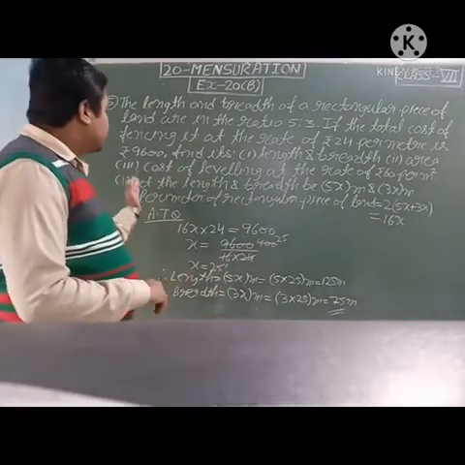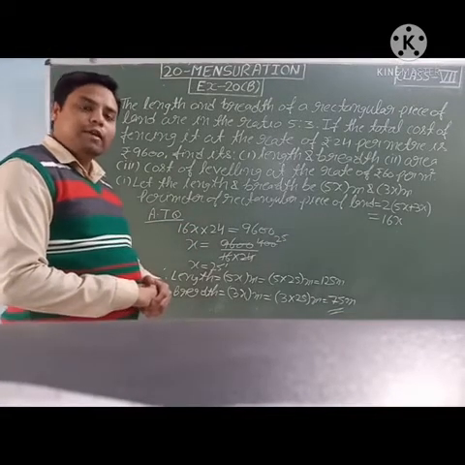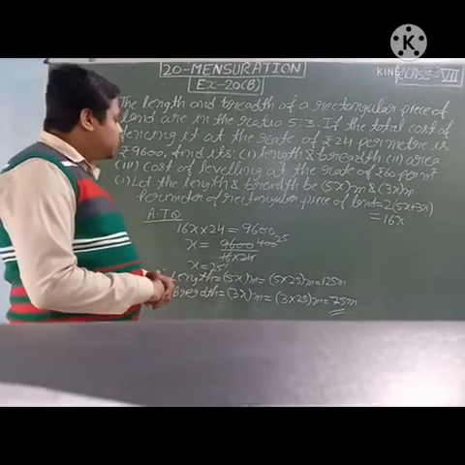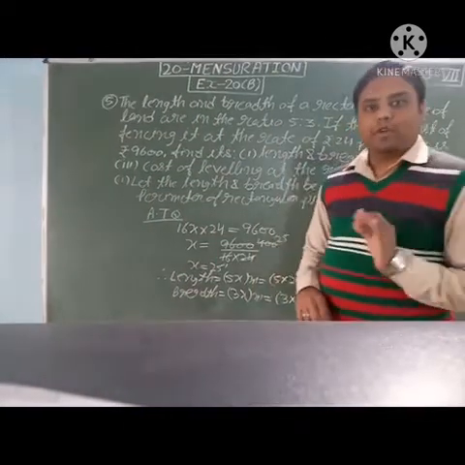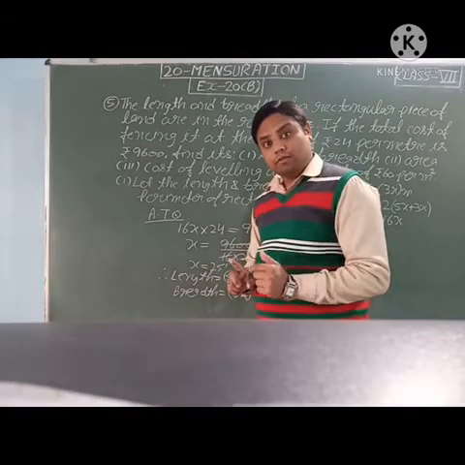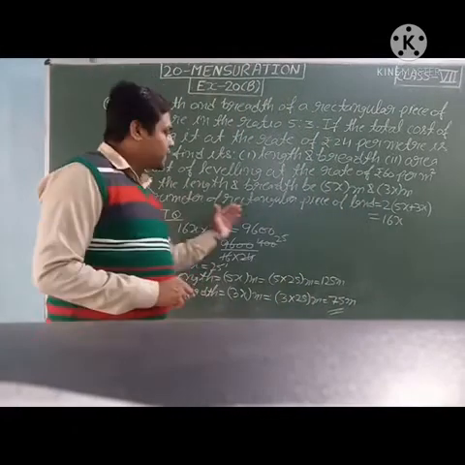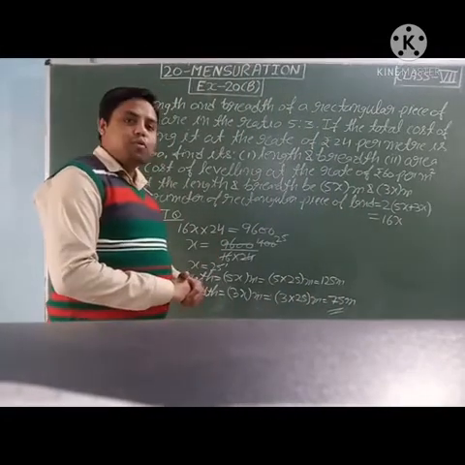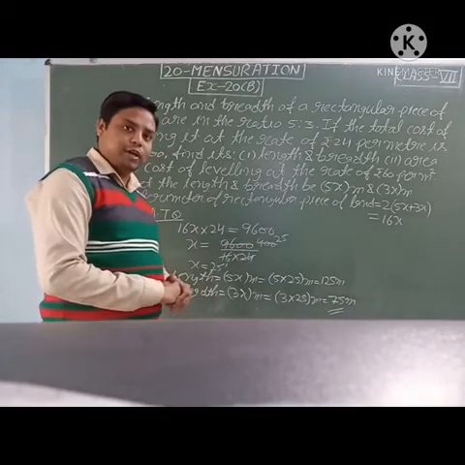First, let the length and breadth be 5x meter and 3x meter. Then for this, we will find the total cost of fencing in terms of x. So we have to find the perimeter. The perimeter of the rectangular piece of land is 2 times (L plus B). After putting the values, we are getting 16x.